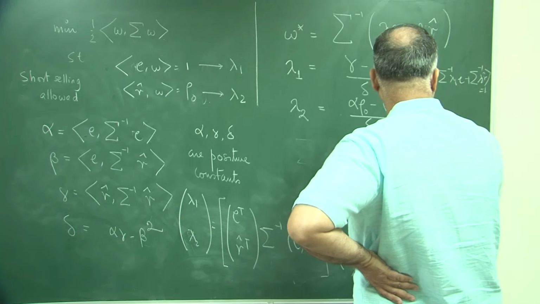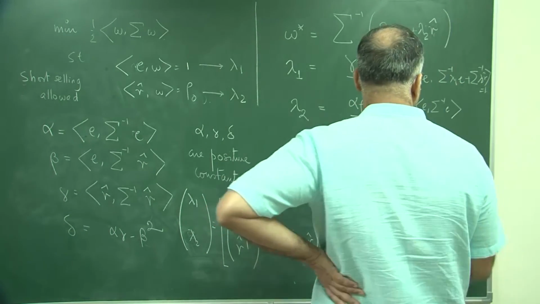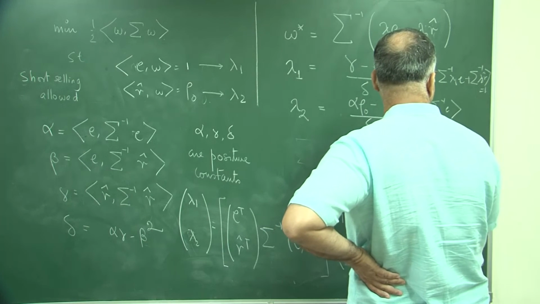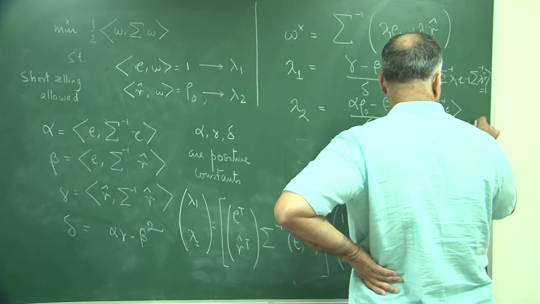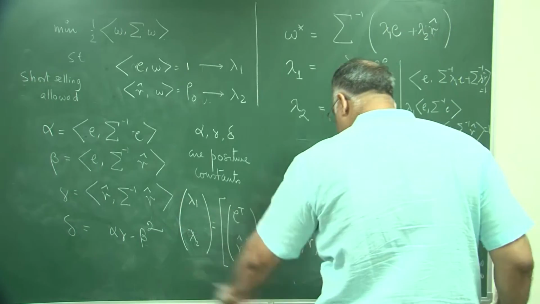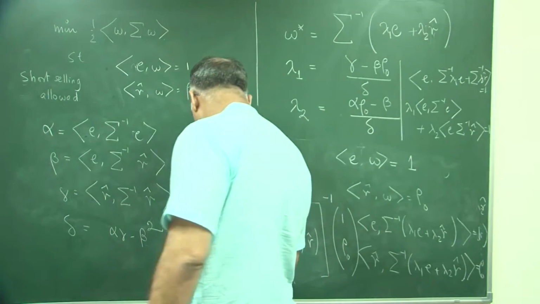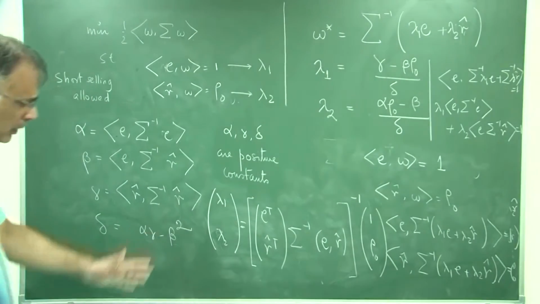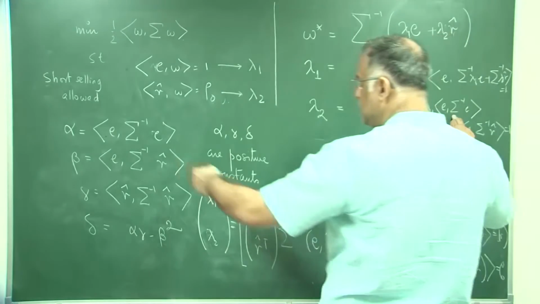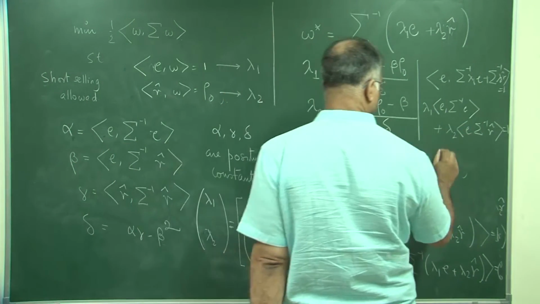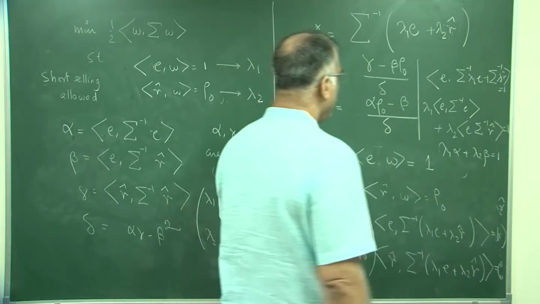Lambda 1 E sigma inverse E, plus lambda 2 E sigma inverse r hat, and that's equal to 1. You can either write it in this form and immediately do it using the matrix form, which is very compact, or those who feel uncomfortable with it can do it directly and write two equations. So this is nothing but alpha and this is nothing but beta. So lambda 1 alpha plus lambda 2 beta is equal to 1.